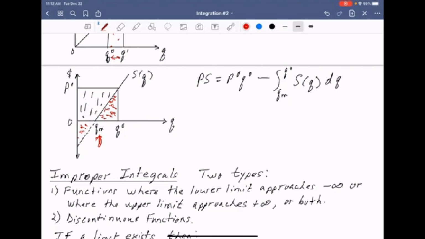So then what we're interested in is total revenue minus that red shaded area here, which is given by Q, the integral from QM to Q0.